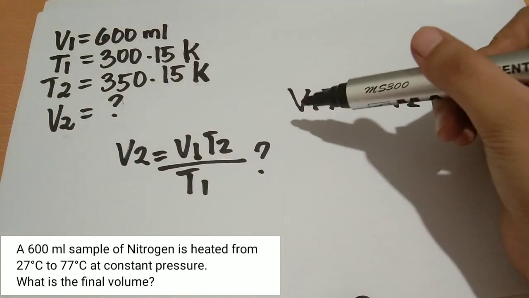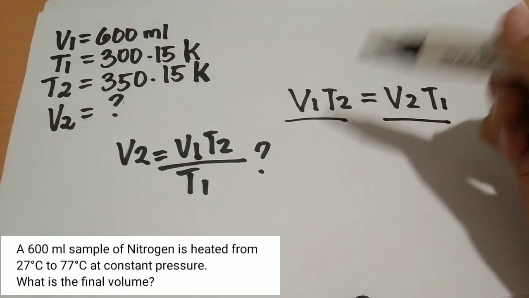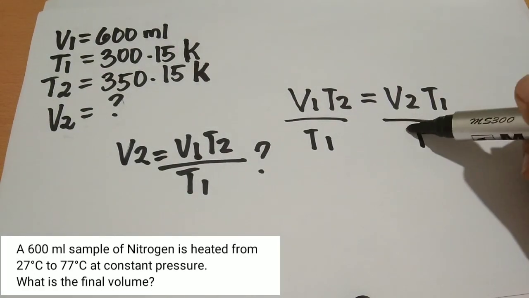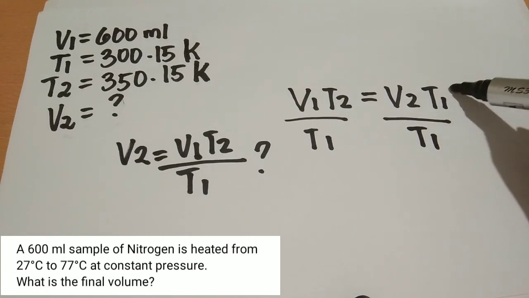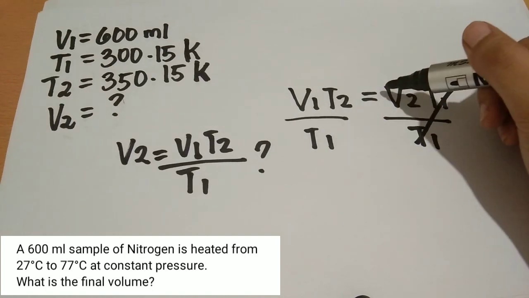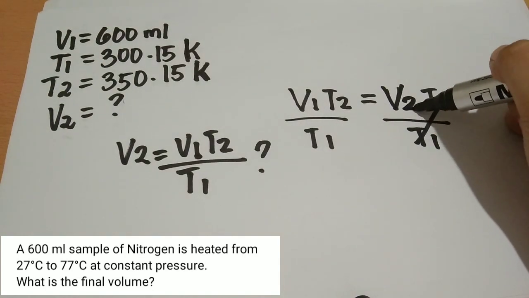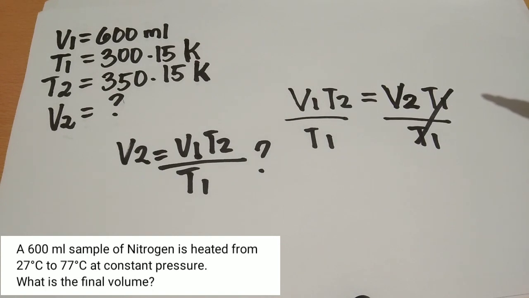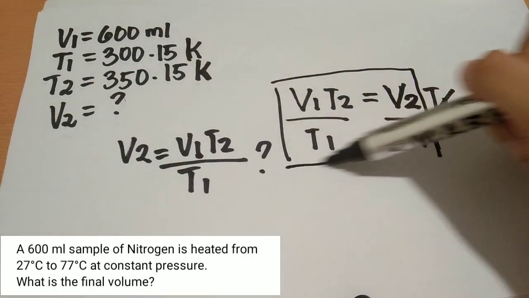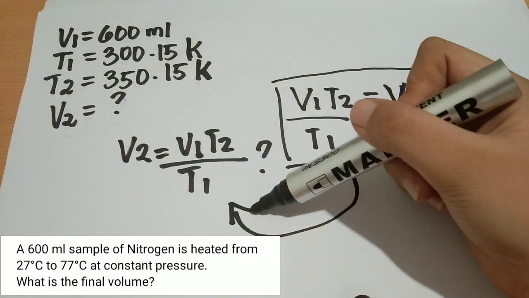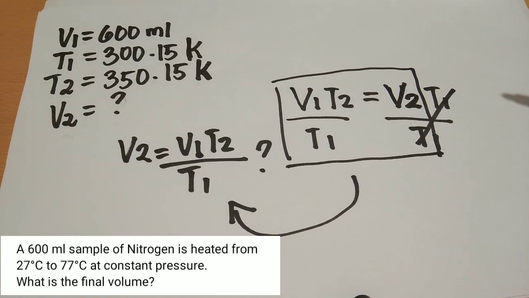Now we have to divide both sides by T1 in order to remove this, because obviously we're looking for the final volume. So this is now the equation we will use, and this is how we got the V2 is equal to V1 T2 over T1.